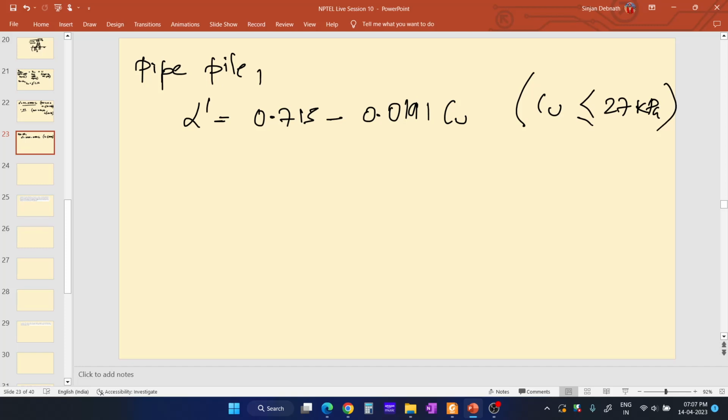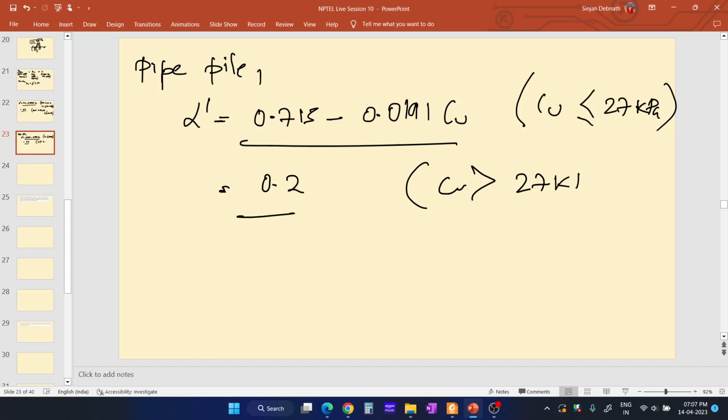And another value of alpha dash is equal to 0.2, and we will use this when Cu is greater than 27 kPa. Okay, so now let me get back to the problem.